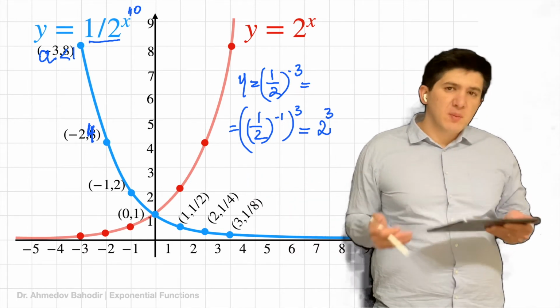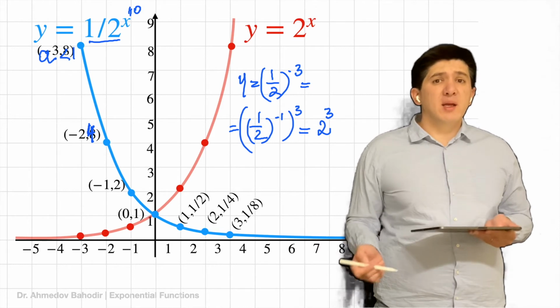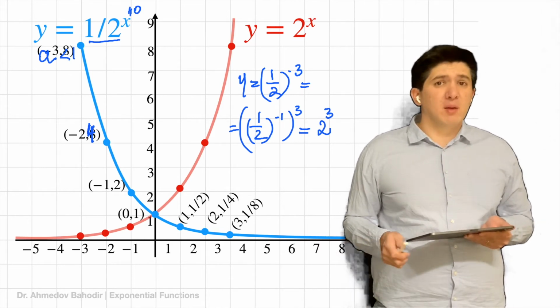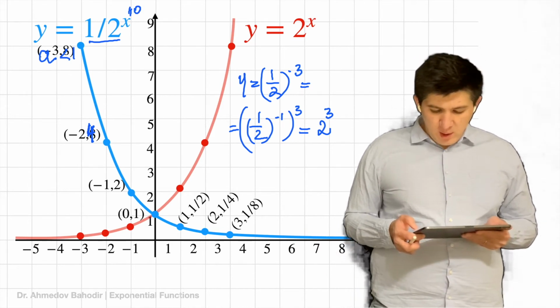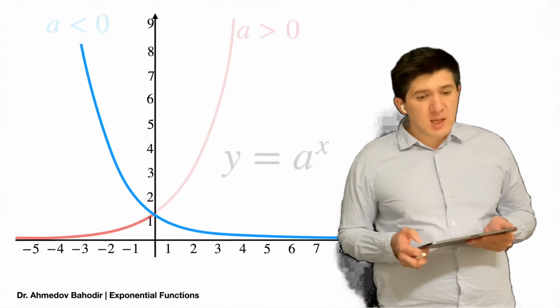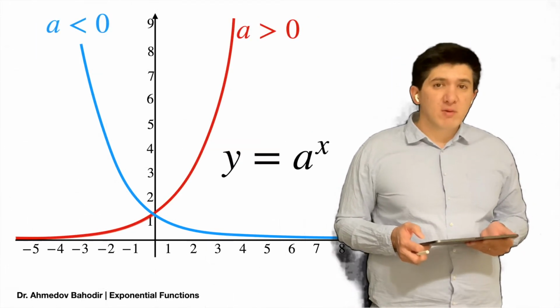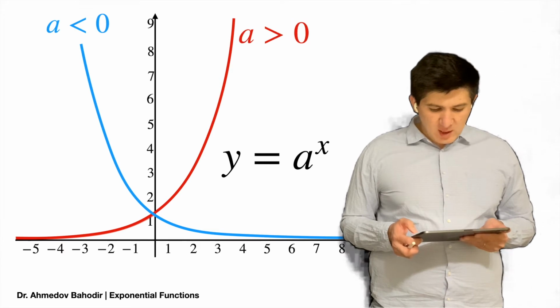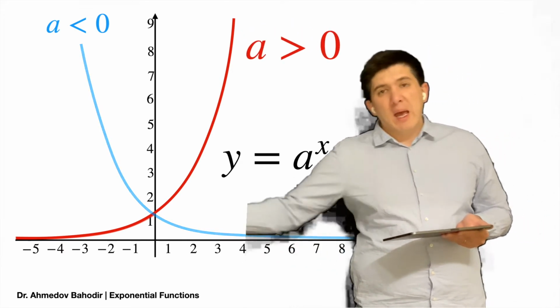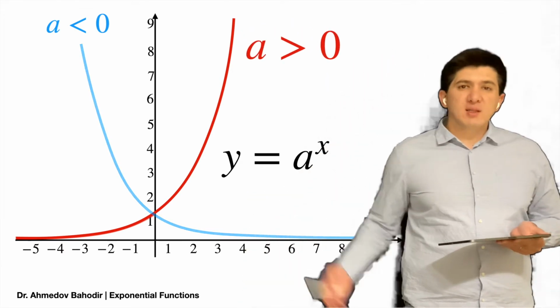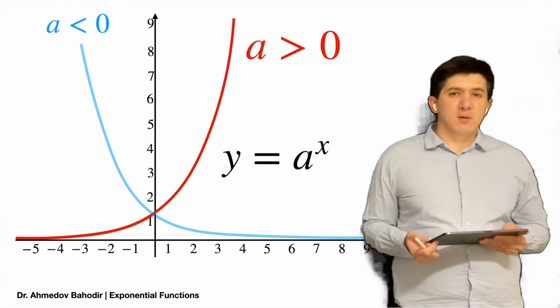So depending on the value of a, the shape of the exponential function might be a little bit different. When a is bigger than 1, we have an increasing function. An increasing function means that as we increase the values of x, the values of y are also increasing.